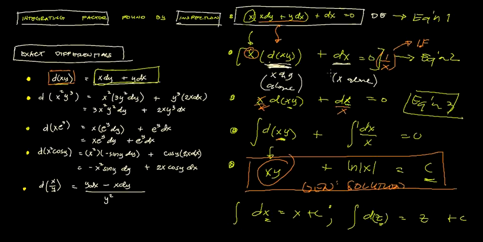By inspection, we noticed that multiplying both sides by 1 over x makes equation 3 purely exact differentials, so we can integrate both terms and solve for the general solution. Our technique here is to make our equation purely exact terms by multiplying by our integrating factor.